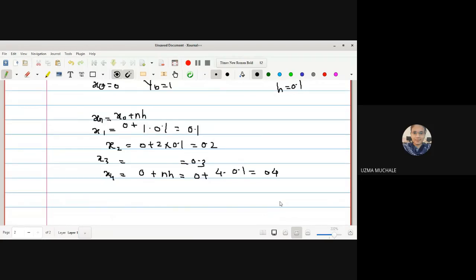So we have to find up to 4 approximations. That means first we have to find y1, y2, y3 and y4. So the question is: solve the ordinary differential equation dy by dx is equal to x plus y square by using Euler's method with the initial condition y of 0 is equal to 1, for x equal to 0 to x equal to 0.4 with the condition h equal to 0.1.